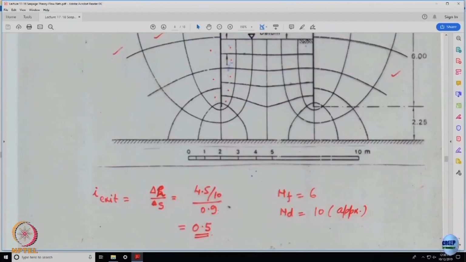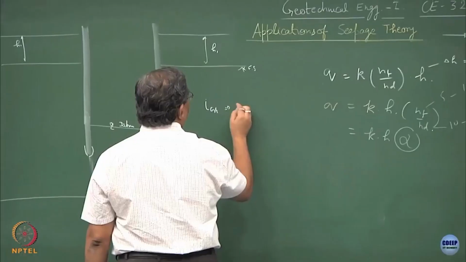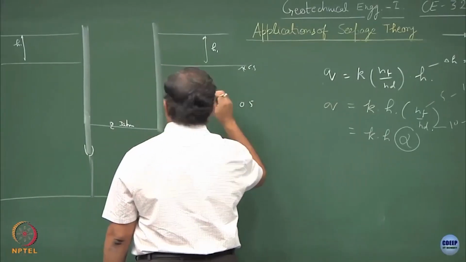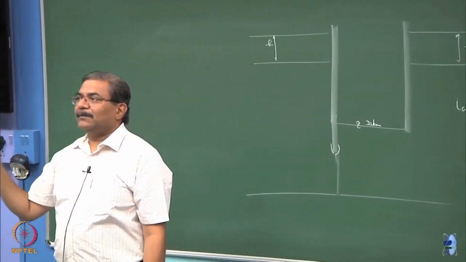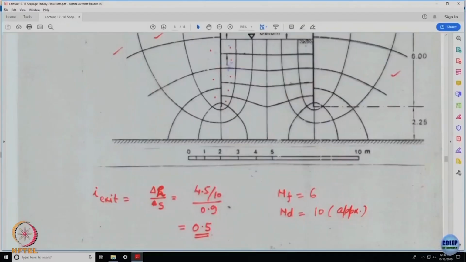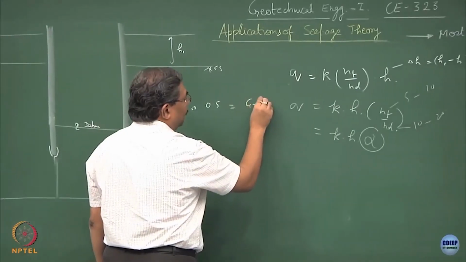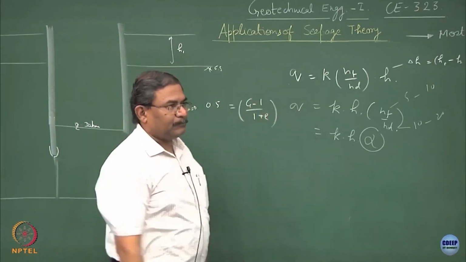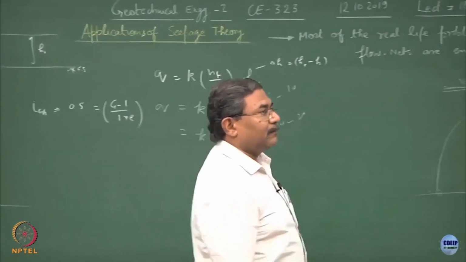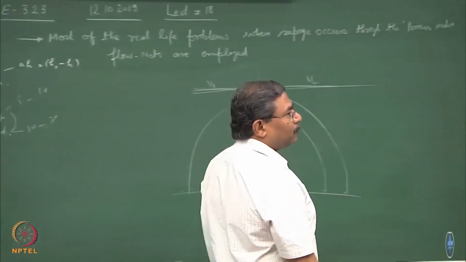How do you check the suitability of the exit gradient? Suppose I compute the exit gradient as i critical, which will be equal to 0.5. What should I be doing with this? Now, this is equal to (G minus 1) over (1 plus e). We have proven this when we did the seepage force analysis.